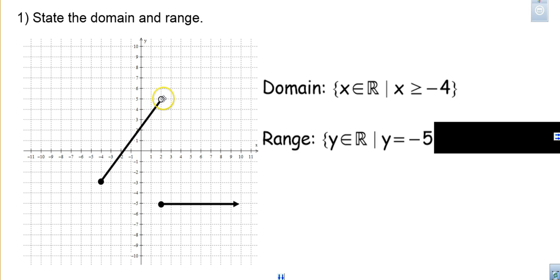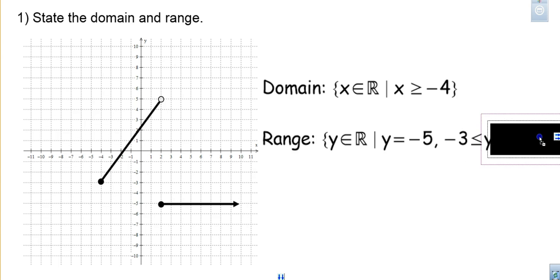Now remember, open circle means that y equals 5 is not included. So we have to be careful when we state our range. Now first, I know that y is going to be greater than or equal to -3. So -3 is included, that's why it's equal to. And also y is greater than that, we have that included.